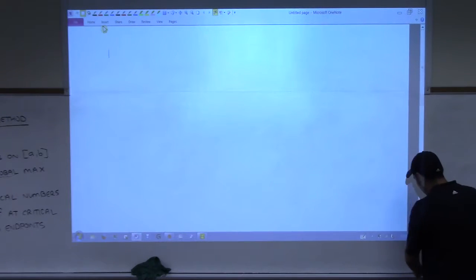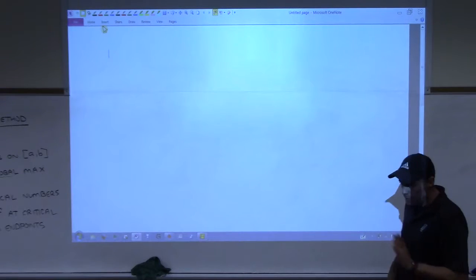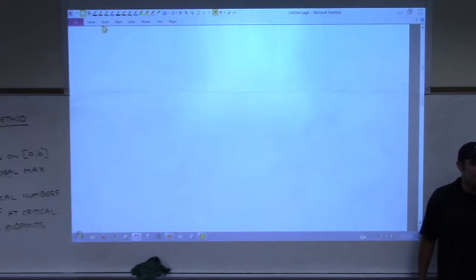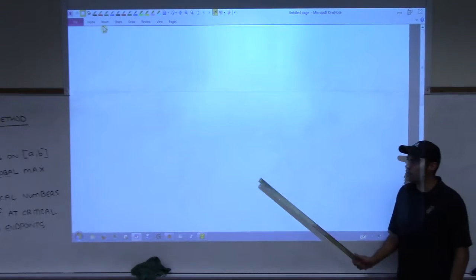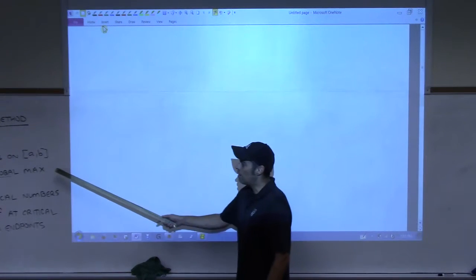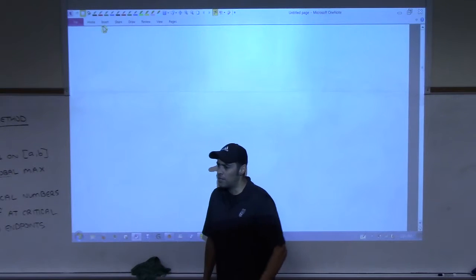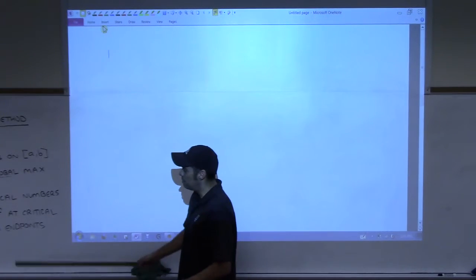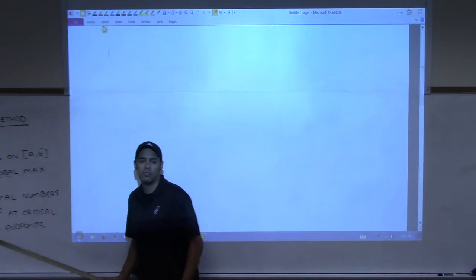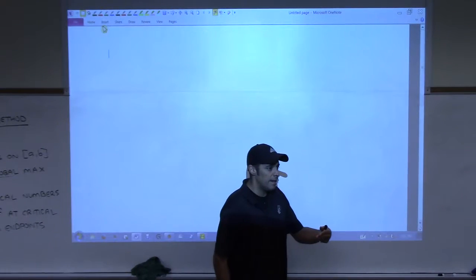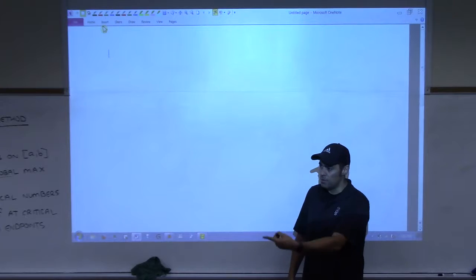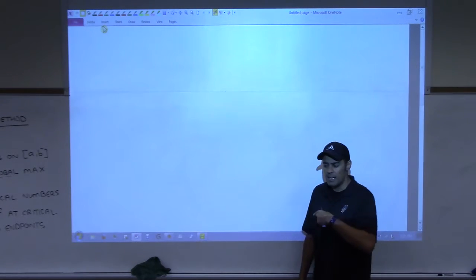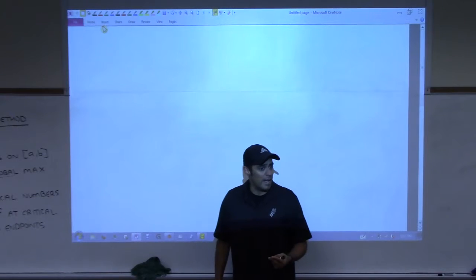So this method is used universally as the way to find the highest and lowest points on a graph as long as this function is continuous on a closed interval. And the method is pretty straightforward. We have to take the derivative because we have to find the critical numbers. That means taking the derivative and setting it equal to 0, and also looking at the derivative and discussing any points at which it may be undefined.